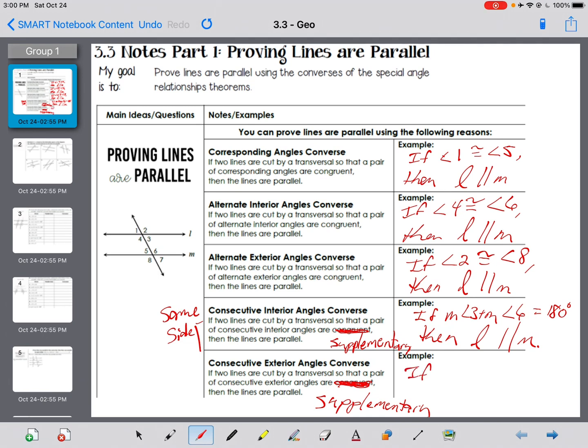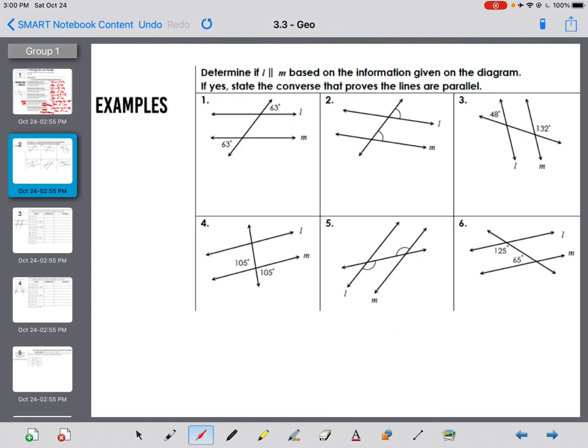We could say if the measure of angle 2 plus the measure of angle 7 equals 180 degrees, then L is parallel to M. Really, my parallel should be straight and slanty there. There we go. So those are the rules.